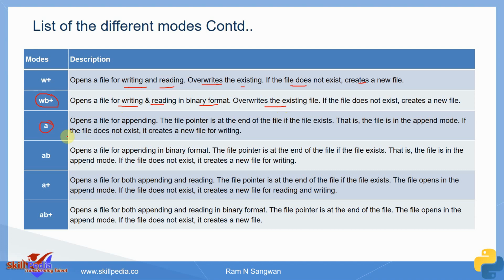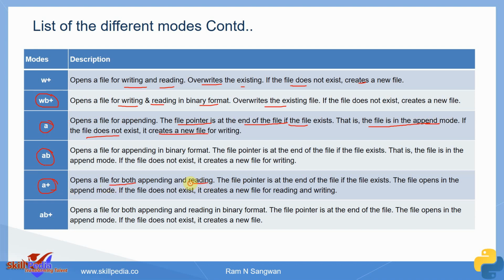a means append, adding the content at the end of the file. The file pointer is at the end of the file if the file exists. That is, the file is in append mode. If the file does not exist, it will create a new file. ab, append mode in binary format. Similarly, a+, append mode plus reading also.